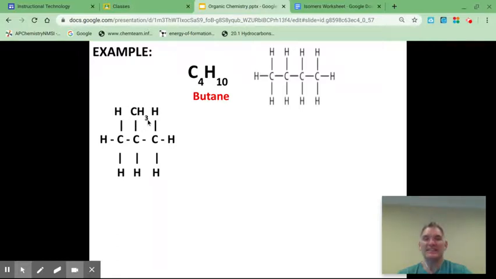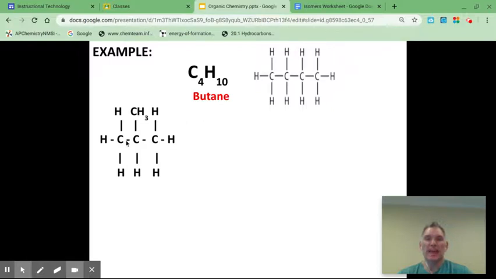I have a CH3, which is one of my 2 important pieces. Now, again, I could have drawn this out with the CH3 looking like this as well. And you'll see that as we move on in some of the structures. So once I have my structure, I have to check, is it the same formula?